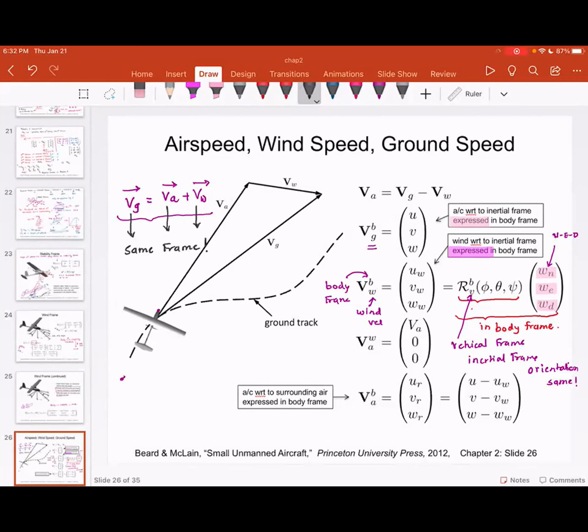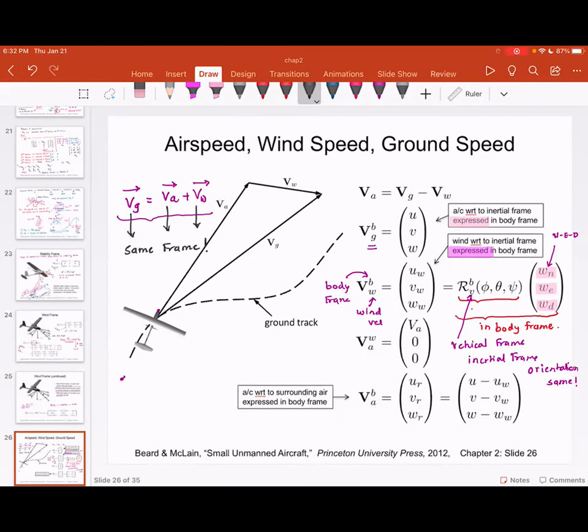Vw, the wind velocity, is given in the wind frame. And Va, the air velocity, could be given in the wind frame or in the stability frame. So we need to make sure that all these velocities are expressed in the same frame. You cannot add dollars to pesos; dollars to dollars, pesos to pesos.